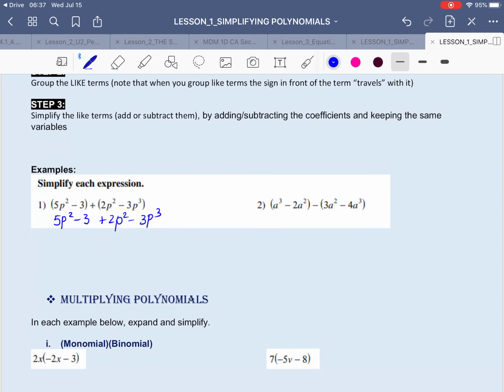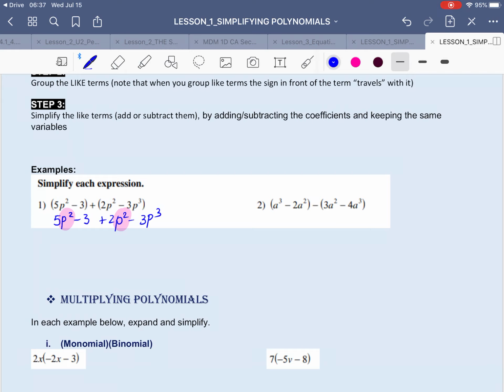And once we remove the brackets, we identify the like terms. Remember, like terms must have the same variable raised to the same powers. First term has p squared. Second term doesn't, so they're not like terms. Next term has p squared, so they must be like terms. And minus 3p cubed is not like terms with any term in this expression.